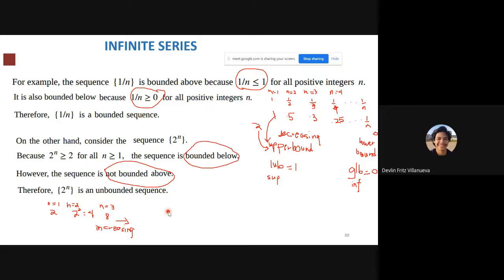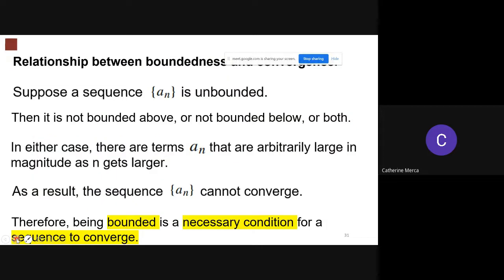Yes, ma'am. Okay. Let us take a look at this one. Suppose a sequence A sub n is unbounded. Then it is not bounded above or not bounded below or both. Diba?